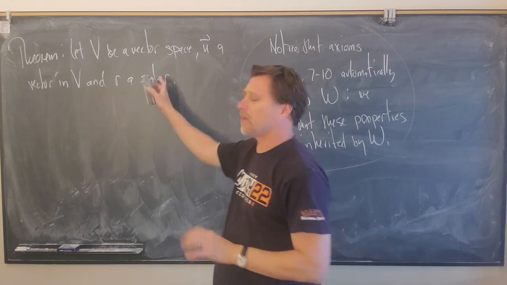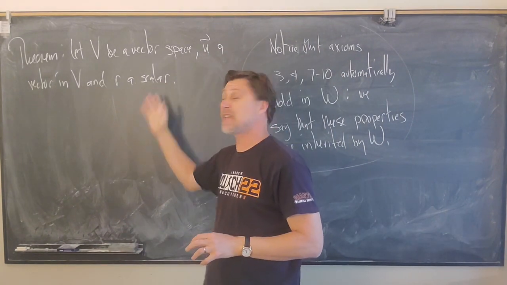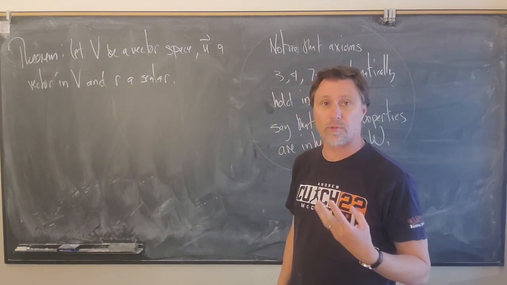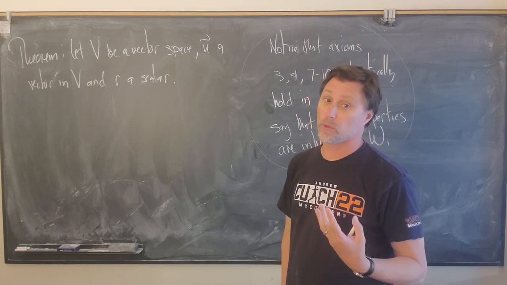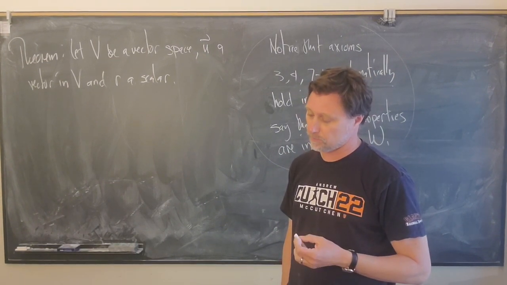I guess I shouldn't say some real number, because we do allow scalars to also be complex numbers. Usually for our purposes, the scalars will be real numbers, but it's okay if they're complex numbers also.